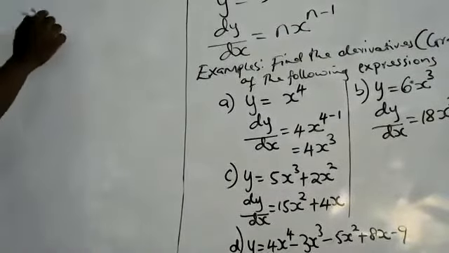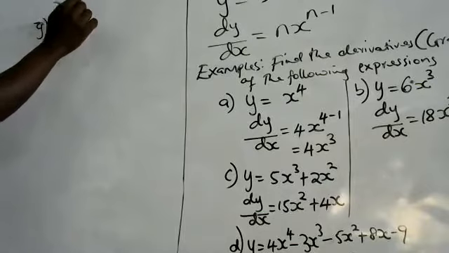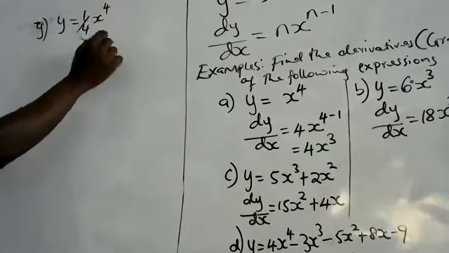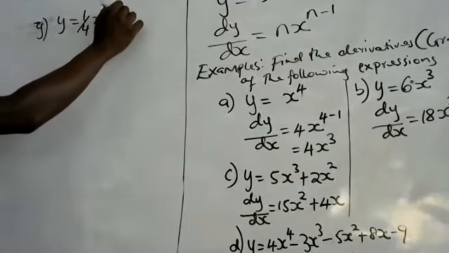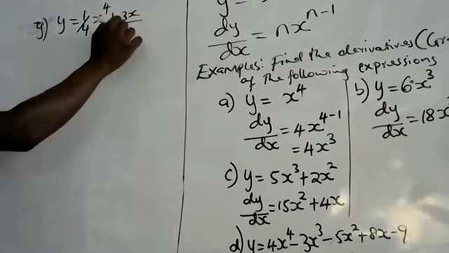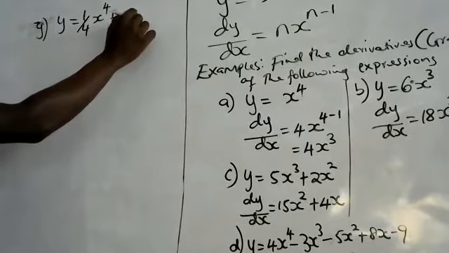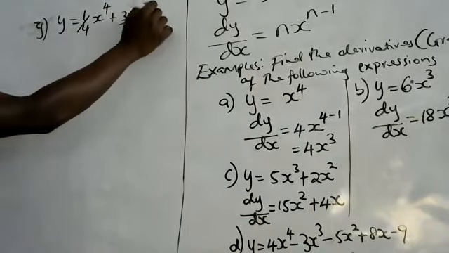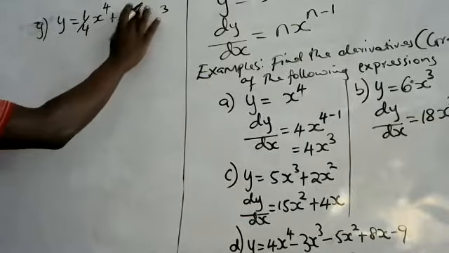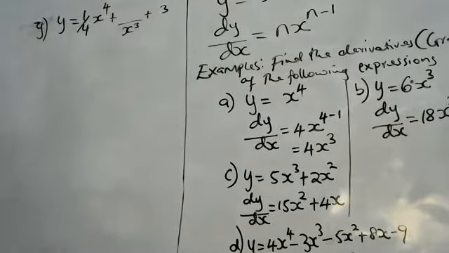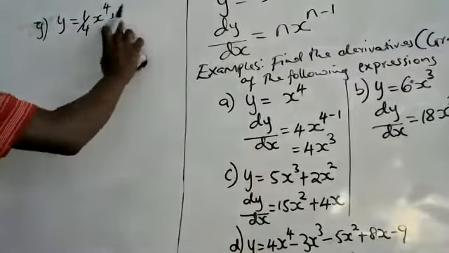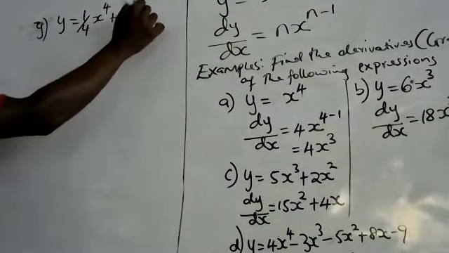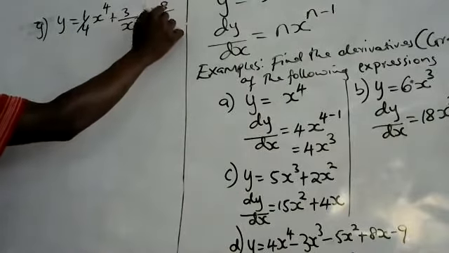It is example H. y is equal to 1 over 4 x power 4 plus 3 over x power 3 minus 8 over x squared. Let me write this function again.